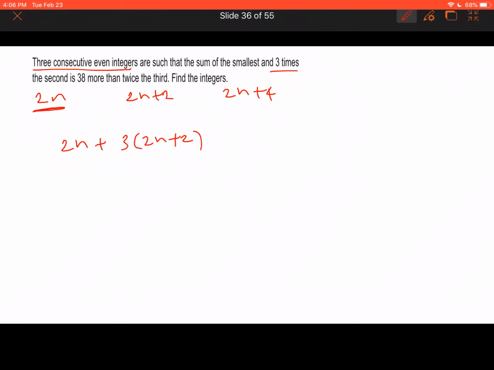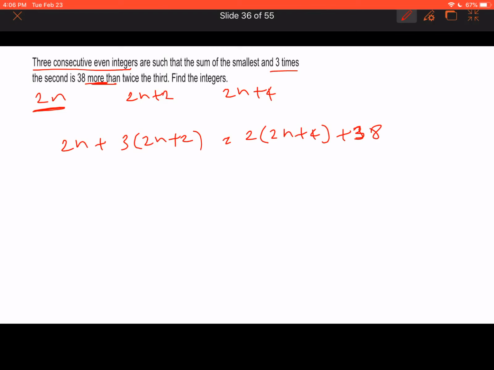So whenever we read the words more than, the second part comes first, that is twice the third, which is 2 times 2n plus 4. Now we read the first part of the sentence, that is 38 more, so plus 38.